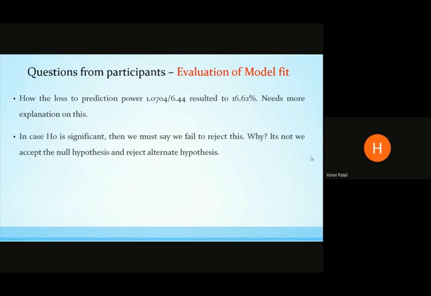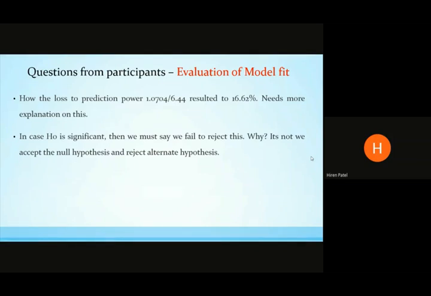So 6.44 is the error created by Y, and 1.0704 is the error created by X. So what we are doing is, the error created due to the presence of X divided by the total error, and that is what results in 16.62%, and that is the loss of prediction power. Now, this much is the loss. That means whatever is remaining, the 83 or 84 percent, is the predictive power available with the model.